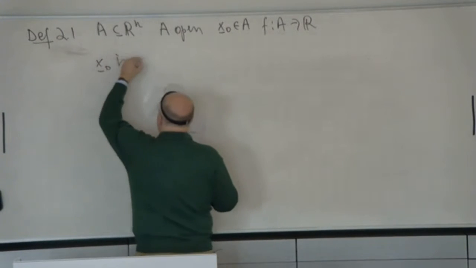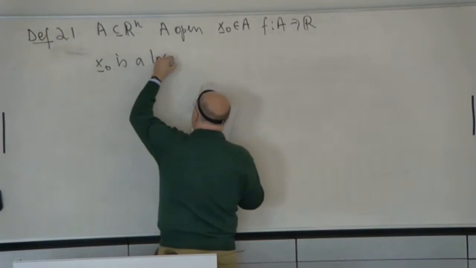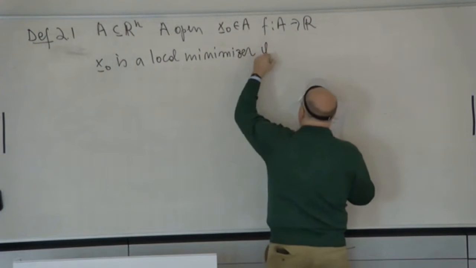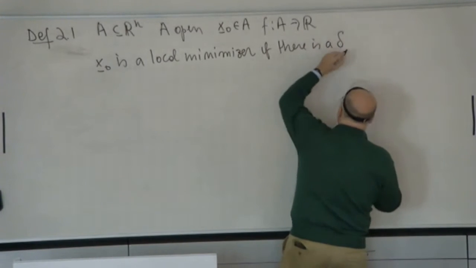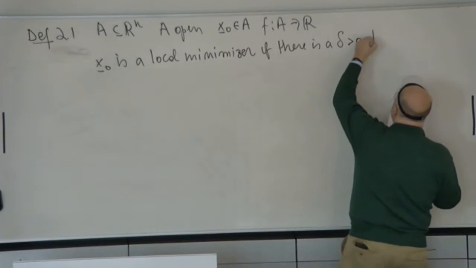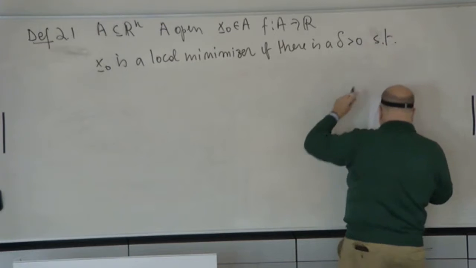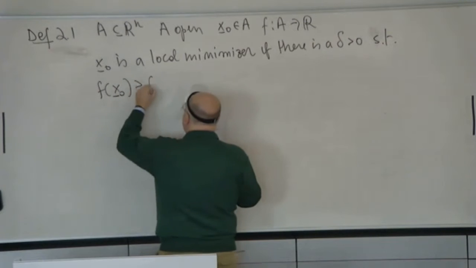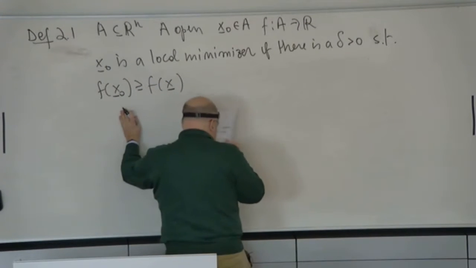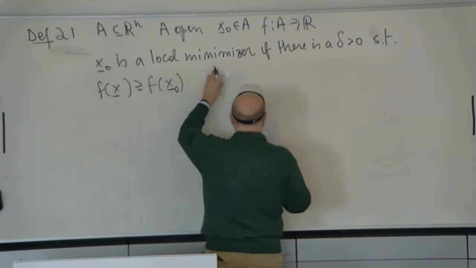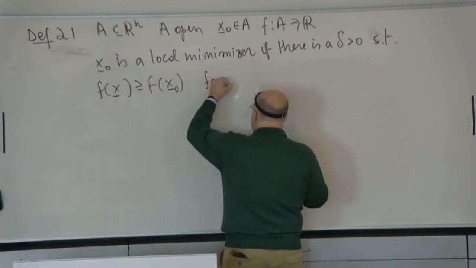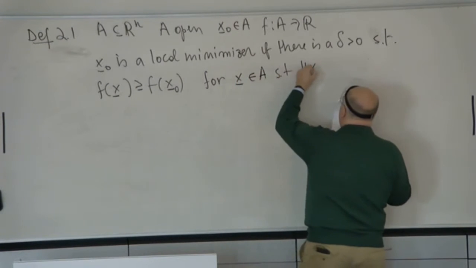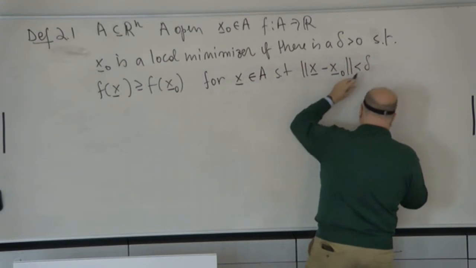So we say that x0 is a minimizer, a local minimizer, if there is a positive number delta such that f of x is greater than or equal to f of x0, for all x's in A such that the norm of x minus x0 is less than delta.